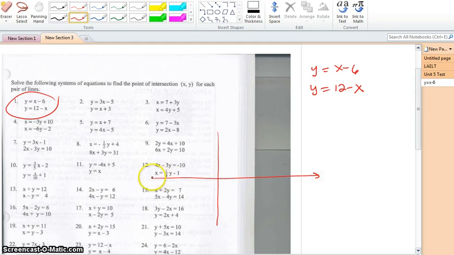where these two lines intersect, and we're looking for that point. This line has a slope of 1 and a y-intercept of -6, so it appears on the xy coordinate grid like this.